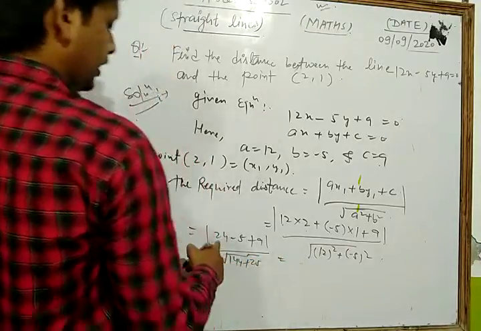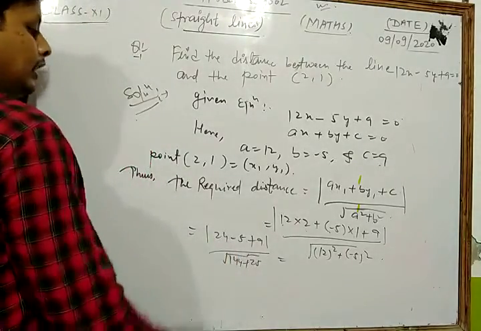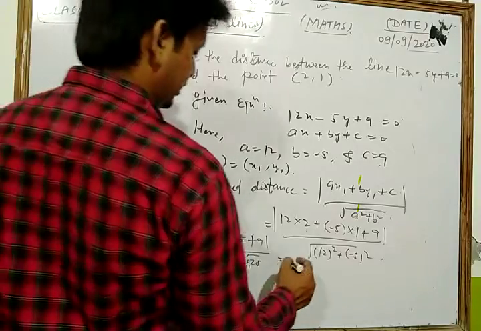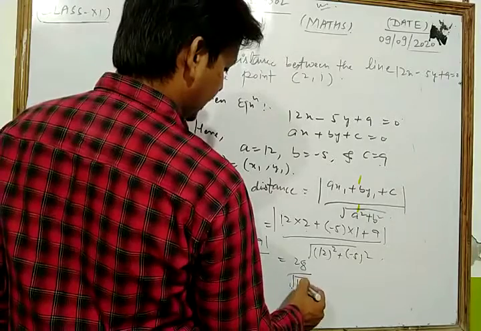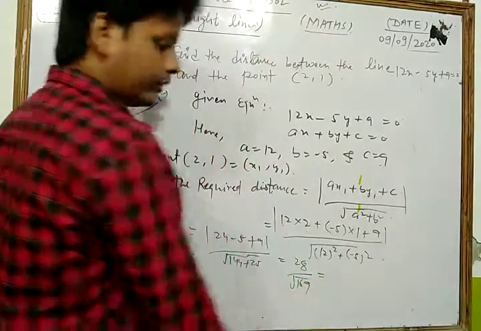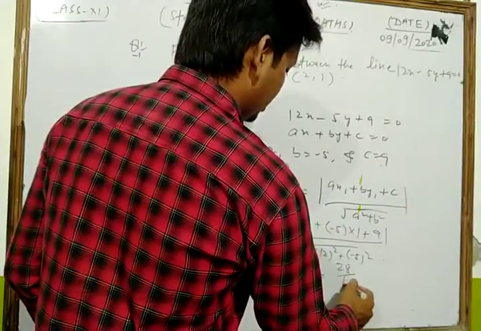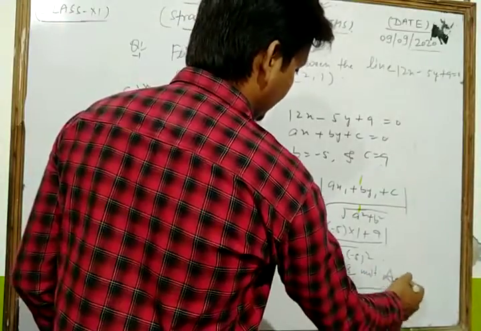Now 24 minus 5 is 19, and 9 gives 28, upon under root 169. The square root of 169 is 13. So dear students, the required answer is 28 upon 13 units.